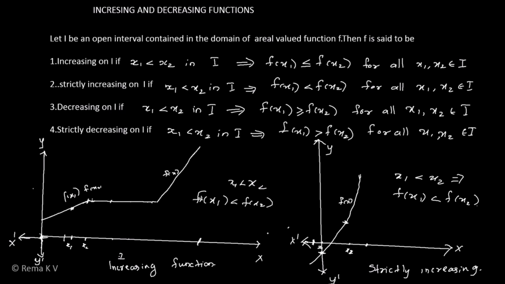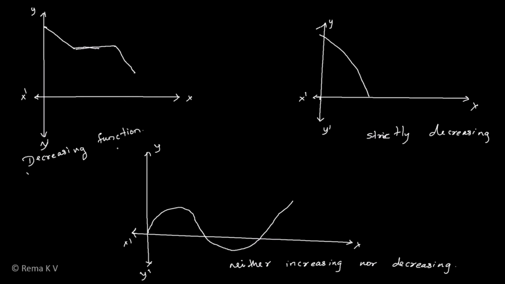And now let us consider the next graph. Here in this graph, let us consider an interval I and consider two points x1 and x2 here. Here this value gives f of x1, and here this one is f of x2.